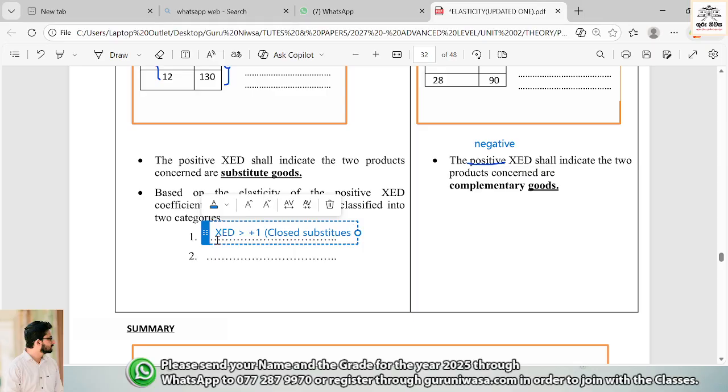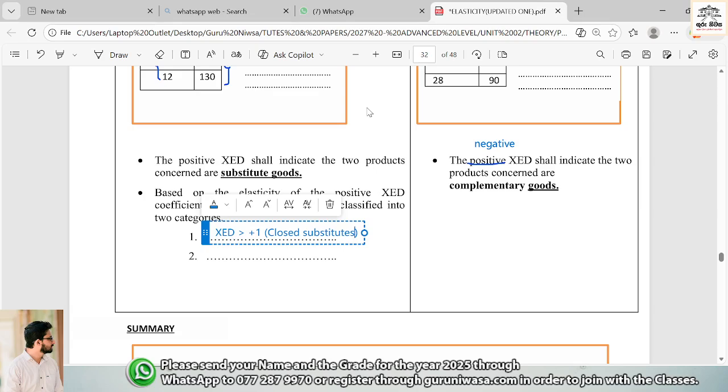What is meant by close substitutes? Example: when we talk about tea, if tea is not available in the market or shop, what is the other substitute that comes to your mind instantly, within a few seconds?